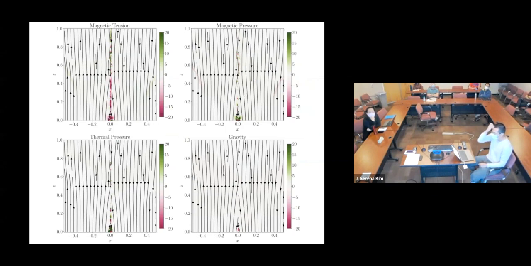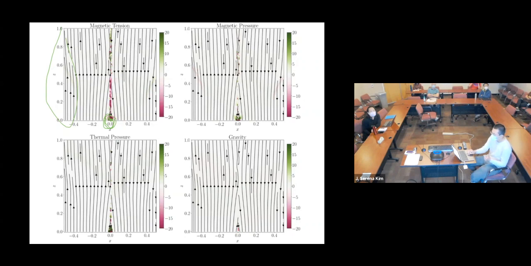Here I show 4 slice plots for the different terms in that momentum equation. The filament is here. We're seeing the cross section of the filament, so the filament is really pointing into the screen. I show the Z axis on the left and the other axis in the horizontal direction, and the color shows the Z direction force.